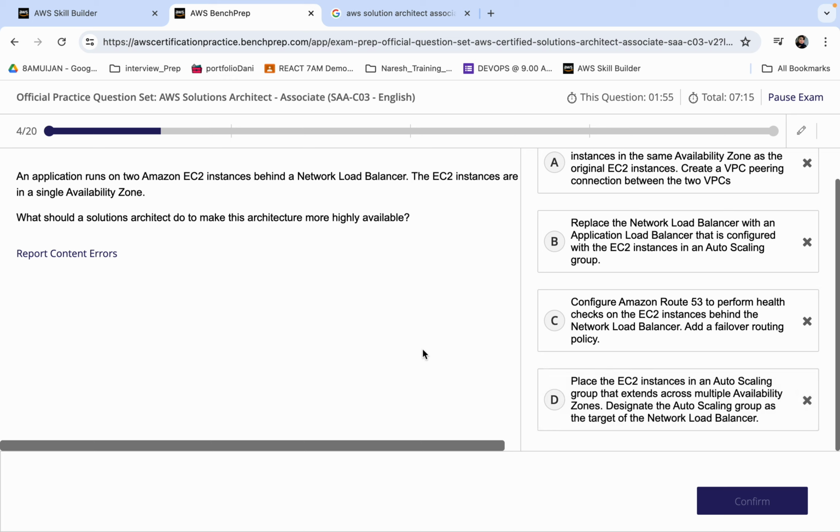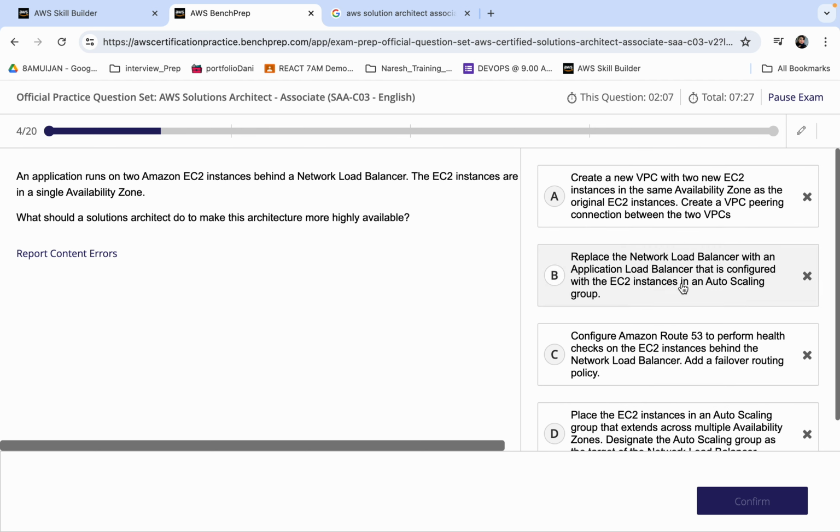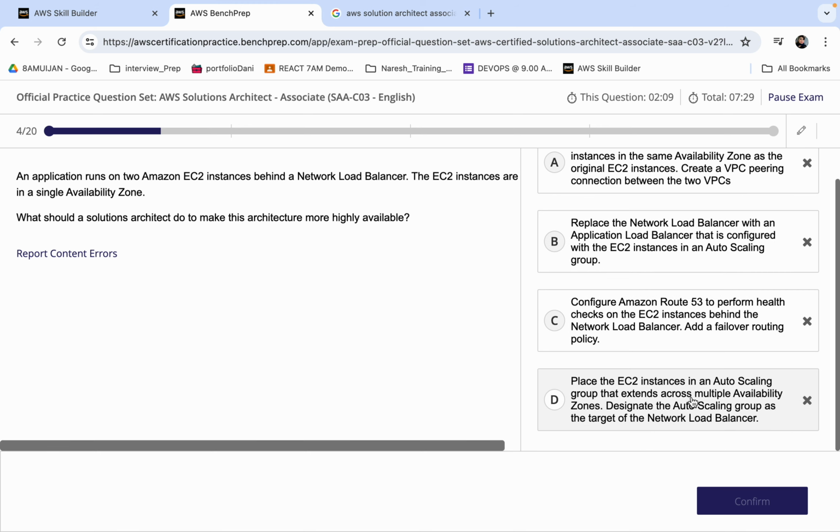Now see, the question is asking how to make it more highly available. Out of these options, only the Auto Scaling group helps, because if you are using an Auto Scaling group, you are making it more highly available by connecting it to multiple Availability Zones. This is the main hint I am getting.